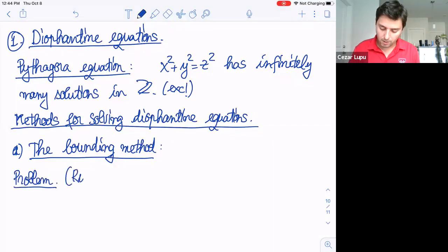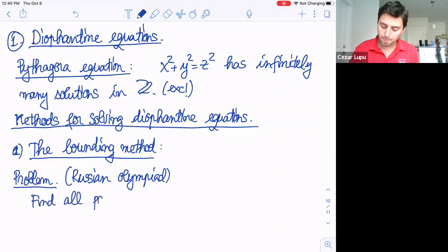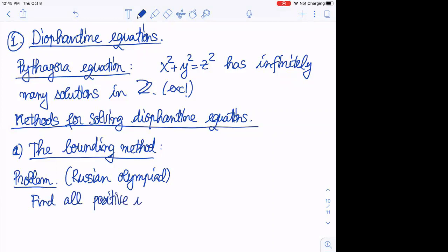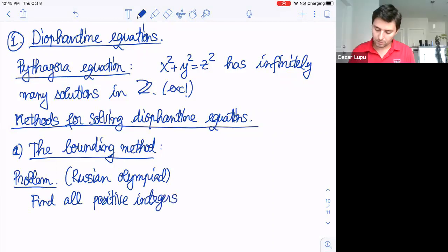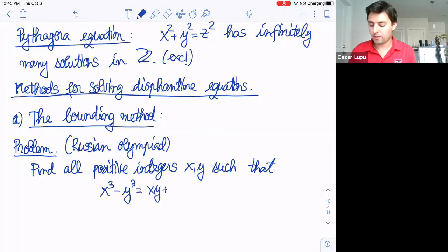This was some kind of Russian Olympiad, I don't know which year, which says the following. Find all positive integers x, y such that x cubed minus y cubed is xy plus 61, right?